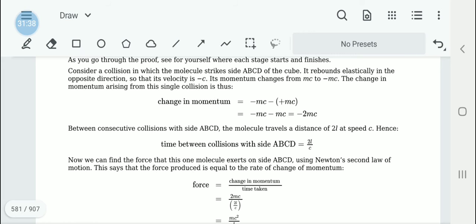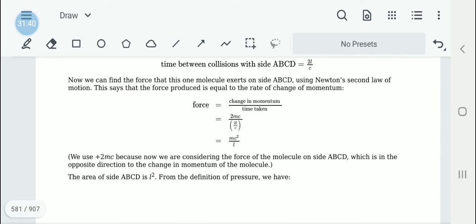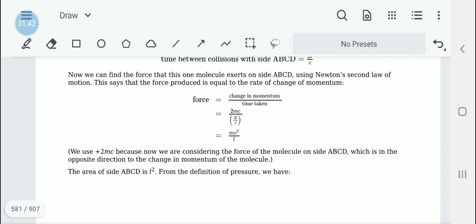Using the force equation, we can apply Newton's second law of motion. Force equals change in momentum divided by time taken. So the change in momentum is 2mc.